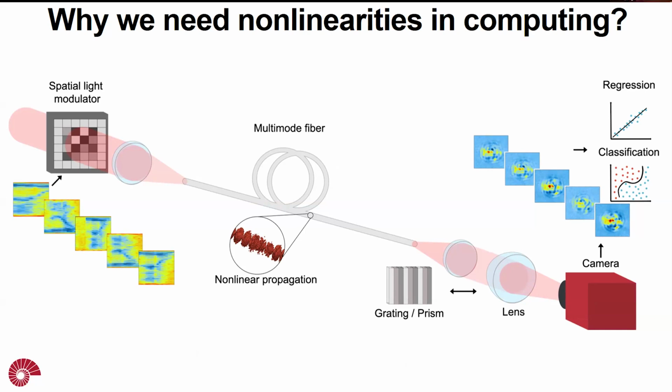It propagates according to the equation I taught you today. At the end of the fiber, you have two lenses for imaging, and you image what the spatial temporal information looks like. Your camera is slow, unfortunately. It will take the summation in time, so you will get a beam profile at the end of the fiber. And then, depending on your task, you can apply regression or classification, and you can see what the accuracy is.